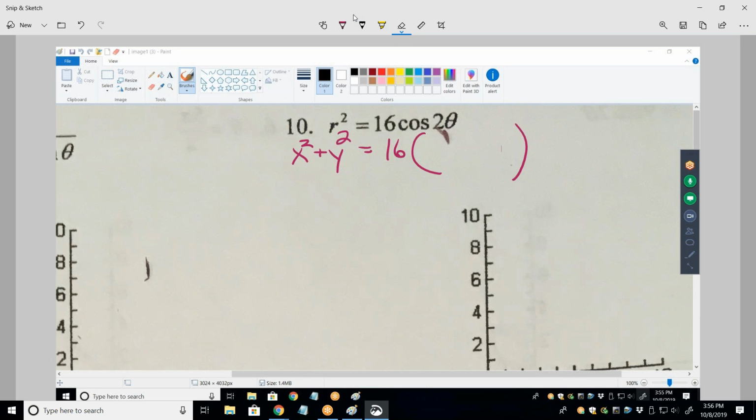What is it? I think it's 1 minus 2 cosine squared. Or is it? I'm not sure. Let me make sure. Yeah, if you can look it up quick, because I hate to get it wrong.